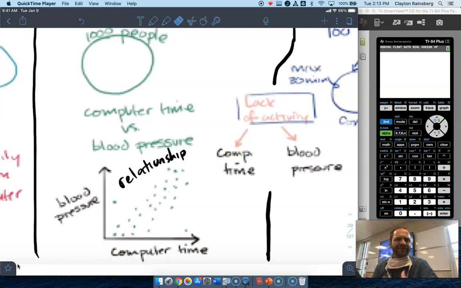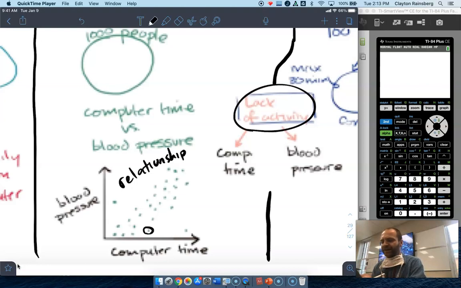So there could be a confounding variable there, something behind the scenes causing a problem with our information. It could be impacting some of these results that we saw. There might not be a relationship between blood pressure and computer time because it could just be activity. So that's a confounding variable. And that's why we can't say correlation implies causation, a cause and effect relationship, with observational studies: we're not controlling for those confounding variables.